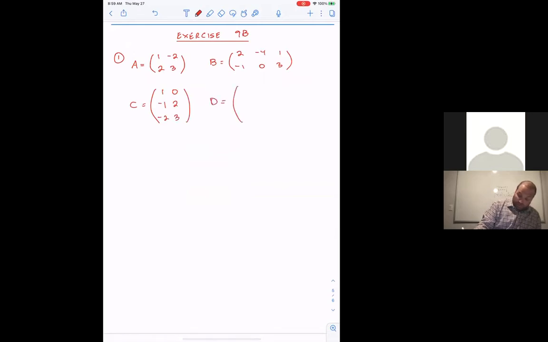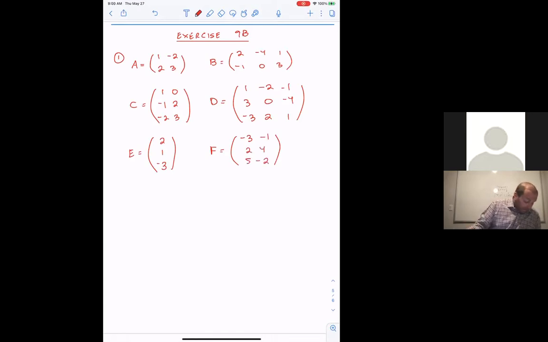D is a 3 by 3: 1, -2, -1, 3, 0, -4, -3, 2, 1. E is a 3 by 1: 2, 1, -3. And F is a 3 by 2: -3, -1, 2, 4, 5, -2. And the question reads, find each of the following matrices if possible, and if it is not possible, state the reason.